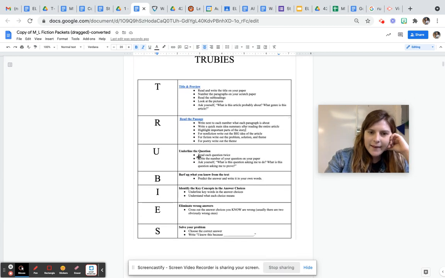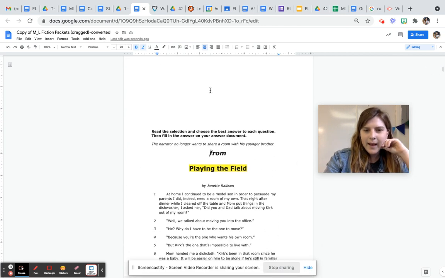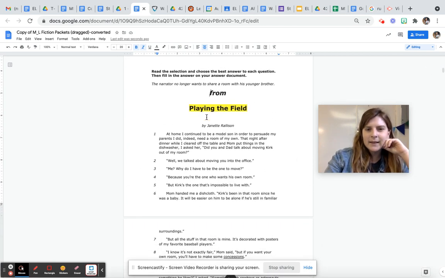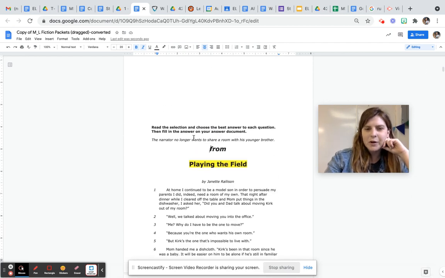All right, the next thing you're going to do is read the subheadings. Do I have any subheadings? I don't really, but I have this intro that I'm going to highlight. The narrator no longer wants to share a room with his younger brother.